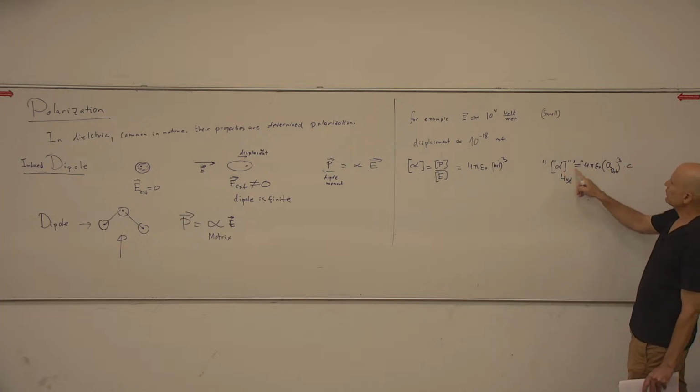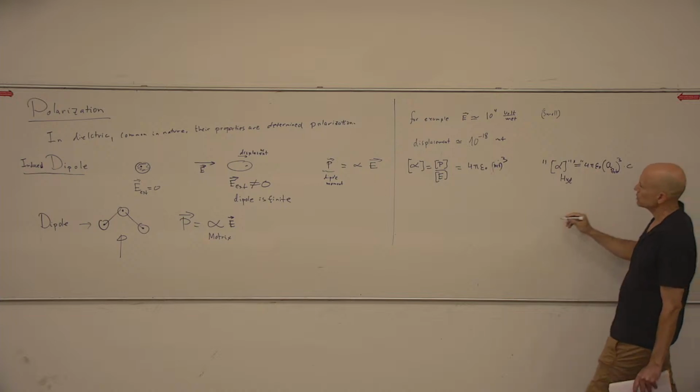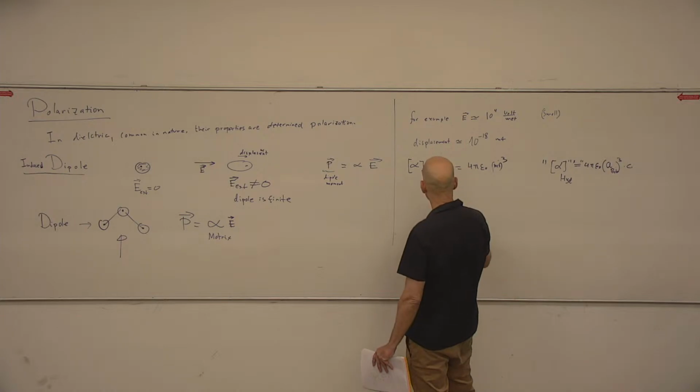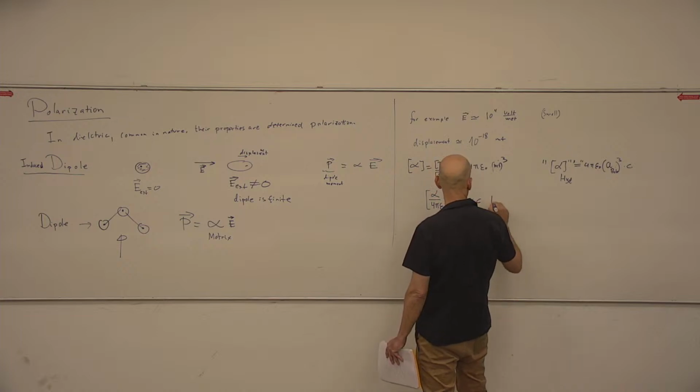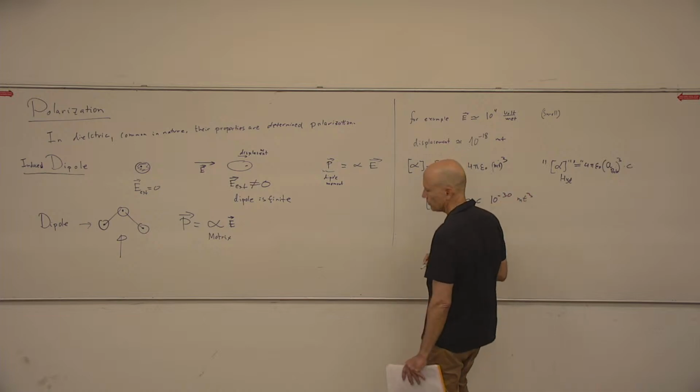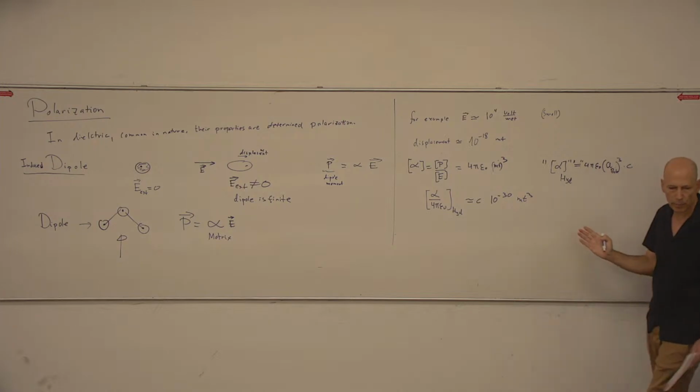So if I have alpha divided by 4 pi epsilon 0, what is this? What is alpha divided by 4 pi epsilon 0? For hydrogen, more or less. Okay, there is some constant that I cannot guess. 10 to the minus 30 meter. This is the number.